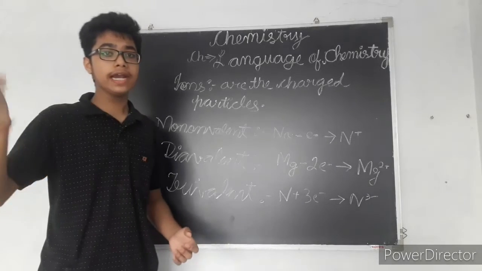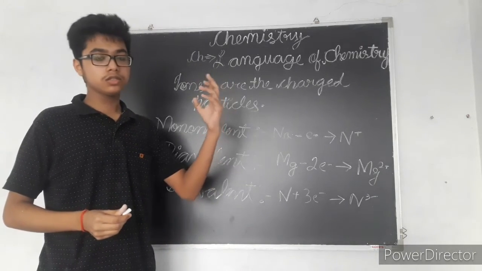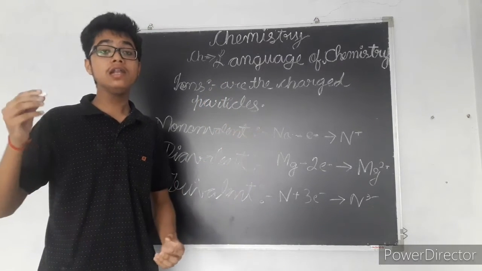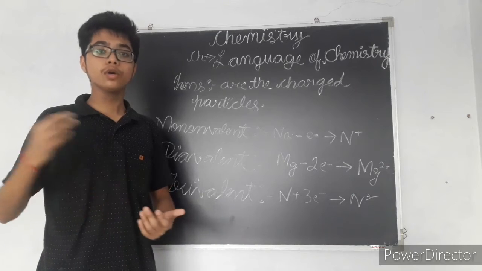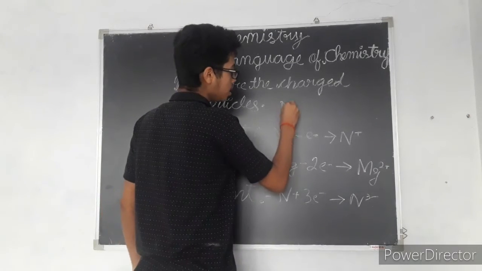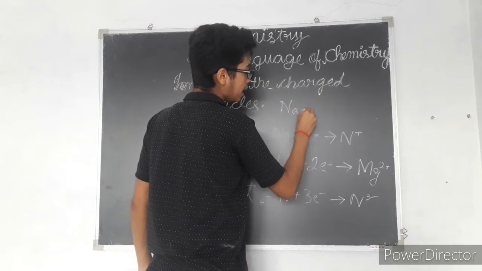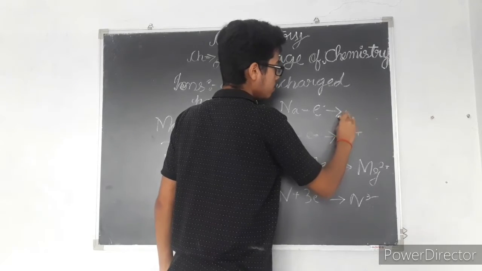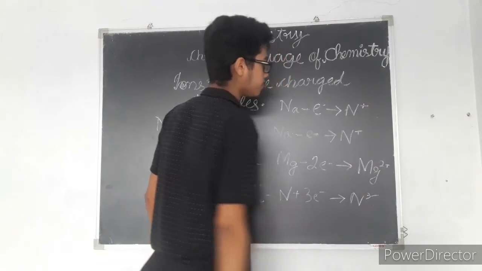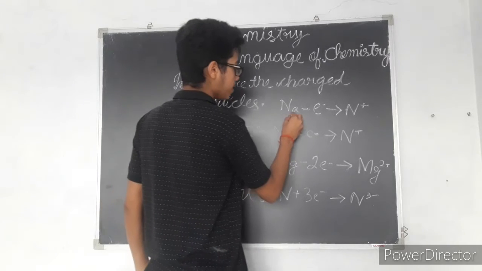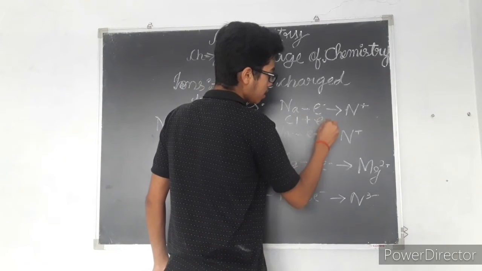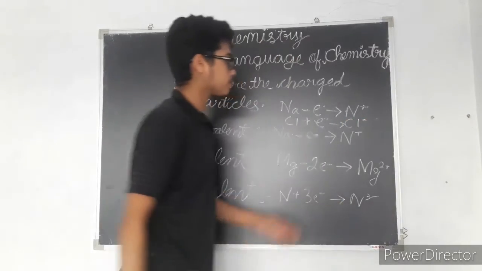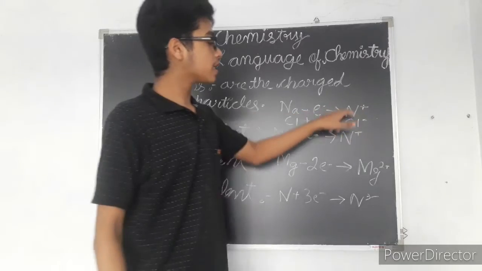When sodium gave one electron, it becomes positively charged, and when the chlorine atom gained one electron, it becomes negatively charged.